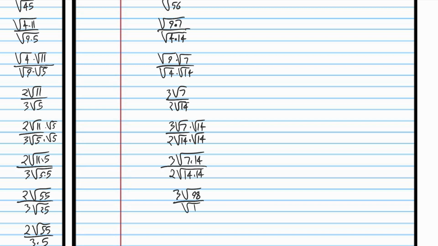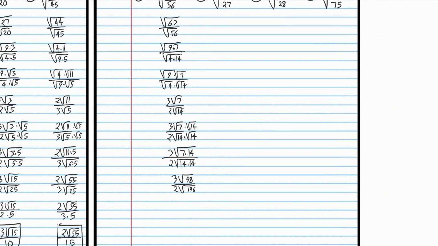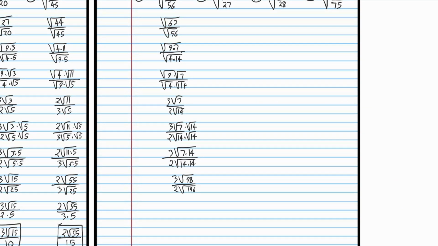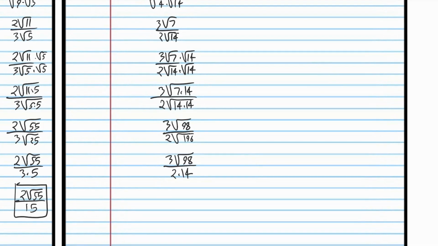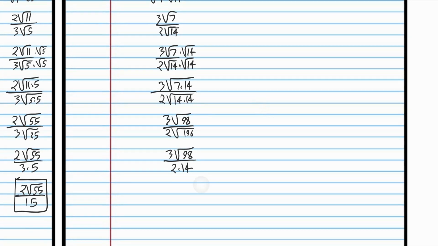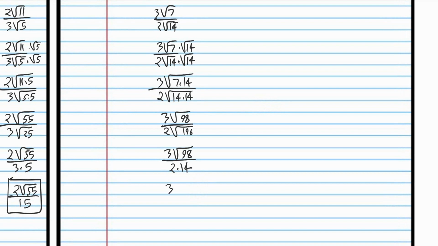So root 196. Again, we don't really need to show that it's root 196 because we know it's just going to reduce to 14. This is going to be 14. All right, so we end up with 3 root 98 over 2 times 14, which is 28.